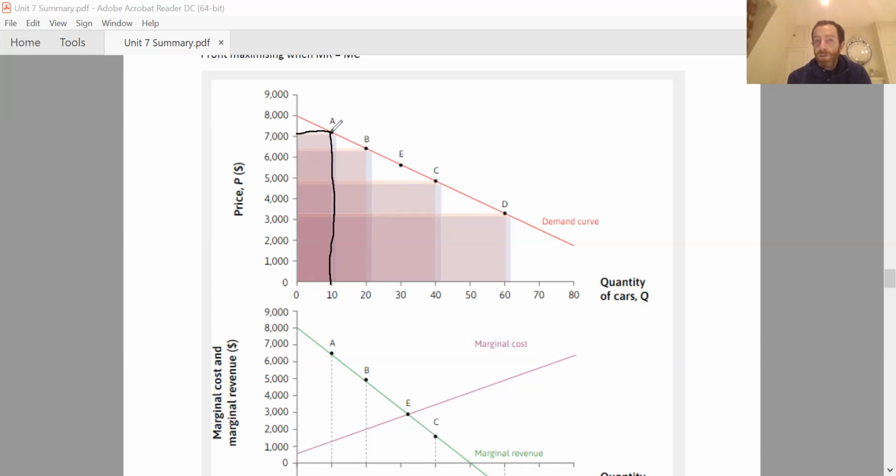If the firm wants to think about the marginal revenue, it would think, well, what extra revenue would we get if we moved to 11 over here? And as I was saying before, that's going to lead to a lower price for the 10 cars. So that's going to be a loss of revenue, but then they sell an extra car at this new price, and that's going to be a gain of revenue.